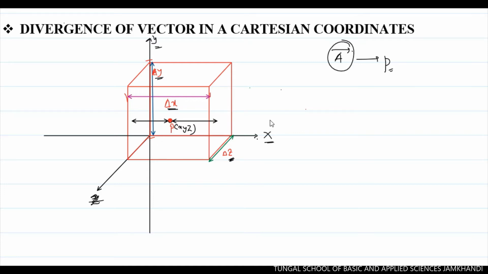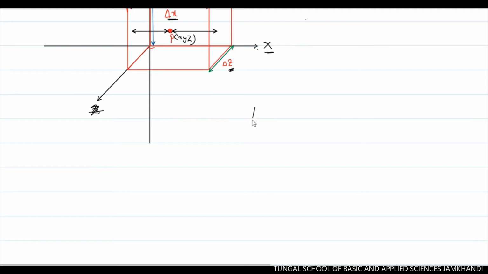At point P, I can resolve this vector A into three rectangular components, that is Ax in the i cap direction, Ay in the j cap direction, and Az in the k cap direction. So I can resolve this vector A into three independent components which are parallel to the three rectangular coordinates.